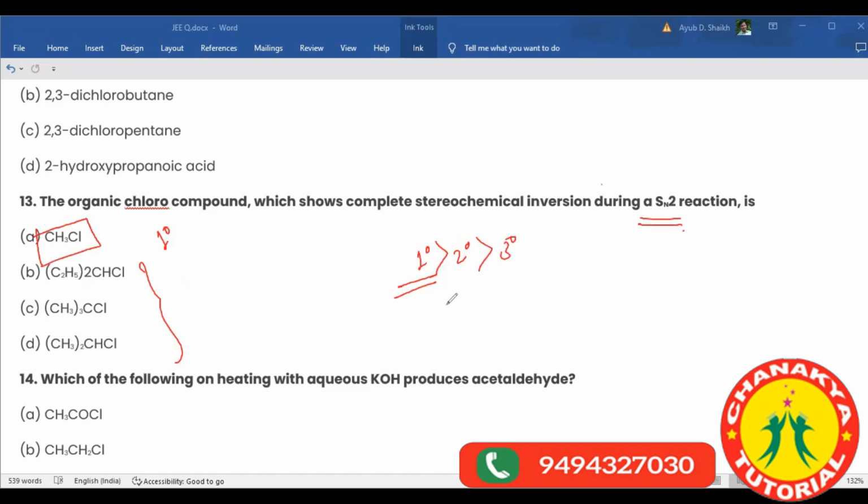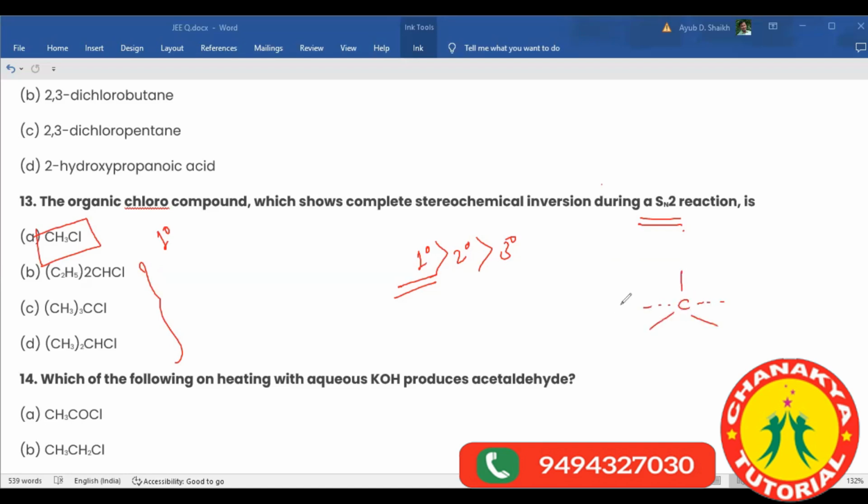And in SN2, which state is there? The transition state, which includes 4 bonds. Among those, one is breaking and one is forming, so that will be half-half. And the rest 3 bonds would be with the alkyl groups, or else with hydrogen. We can say with the substituents.